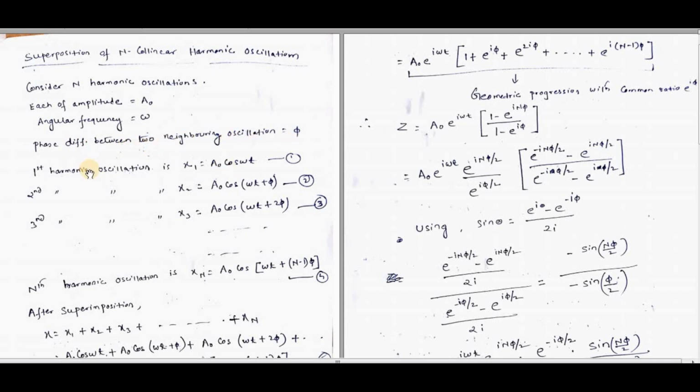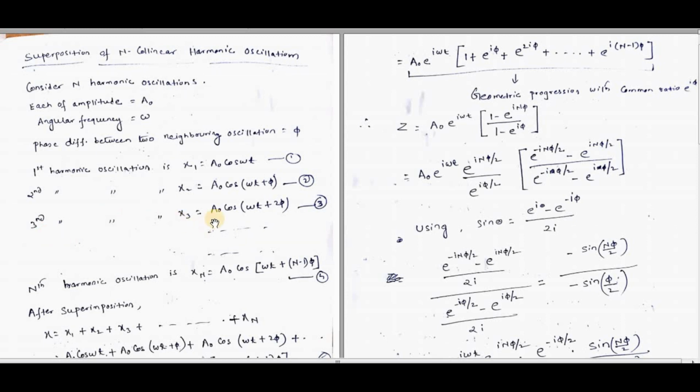The first harmonic oscillation is represented by the equation x1 is equal to a0 cos omega t, and the second harmonic oscillation is represented by x2 is equal to a0 cos omega t plus phi.